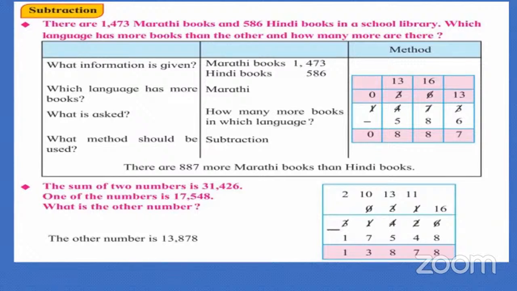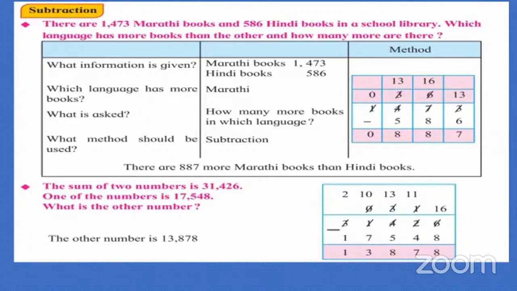And we cannot minus 5 from 3 because 3 is a smaller number and 5 is a bigger number. So for that purpose we'll borrow 1 from the next number. That next number is 1. So that 3 will become 13. So 13 minus 5, 8. Okay. That 1 will become 0.